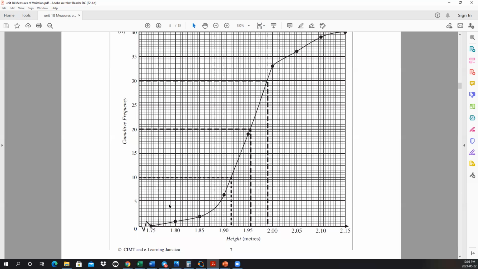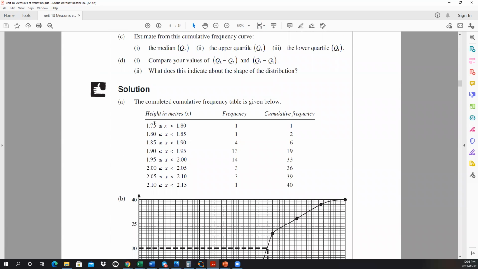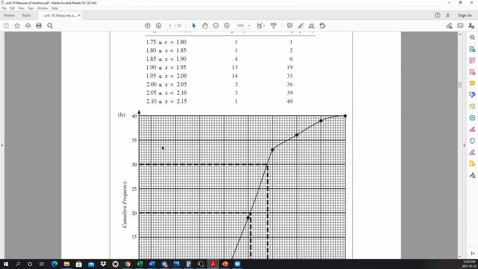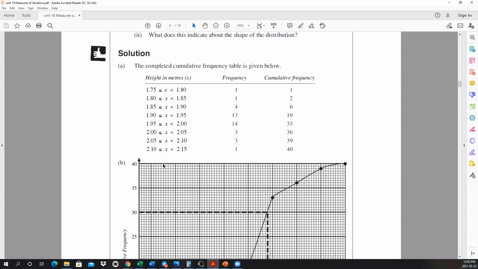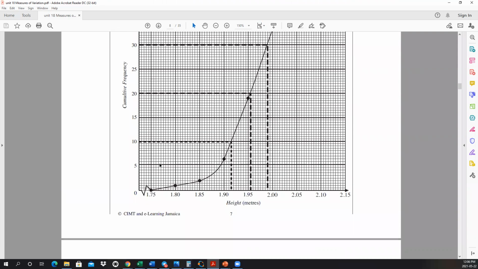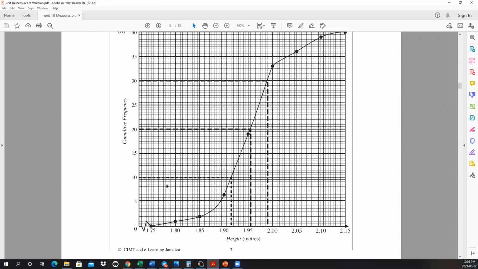So you have 1.75. You see this thing here is called a break. So sometimes, check it out. The score starts from 1.75, right? And then you start to plot now.